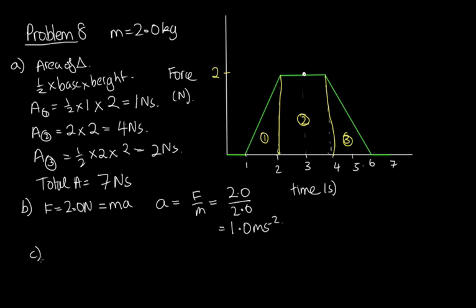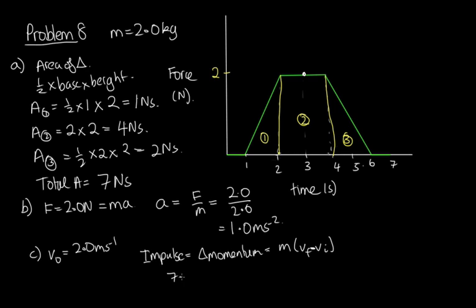Part C says if the object has an initial velocity, so v0 is equal to 2.0 meters per second northwards, and the force always acts in the northerly direction, calculate the velocity of the object at the end of the time interval shown. So we've got the total impulse, and we know that impulse is equal to the change in the momentum, which is equal to m times the final velocity minus the initial velocity.